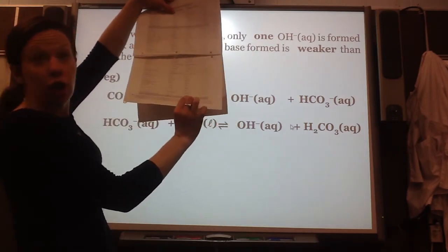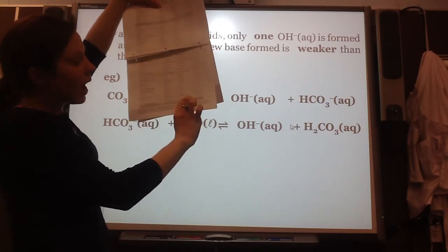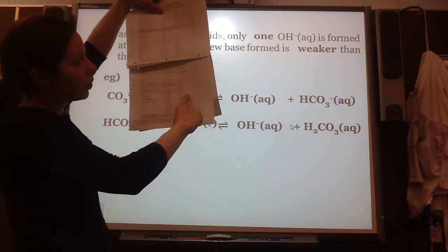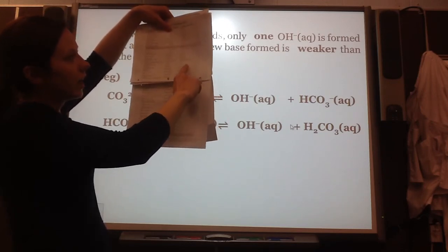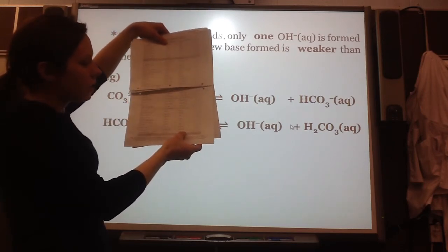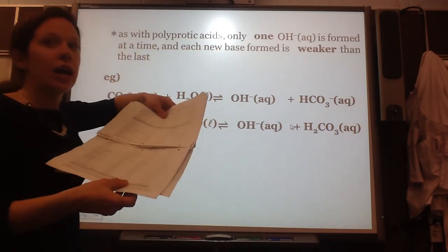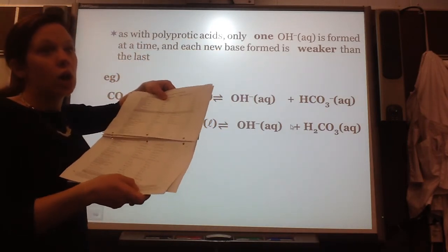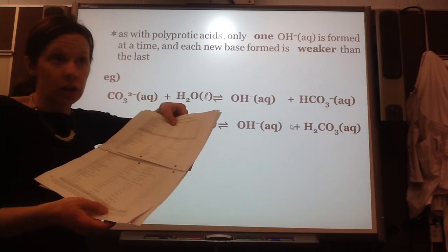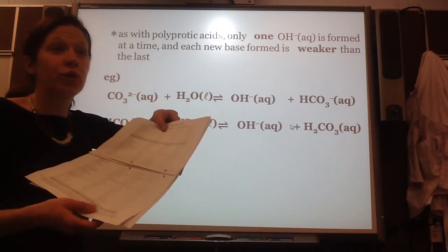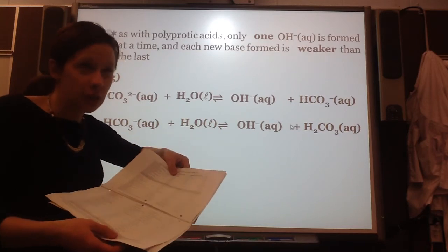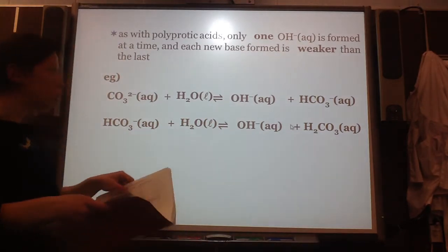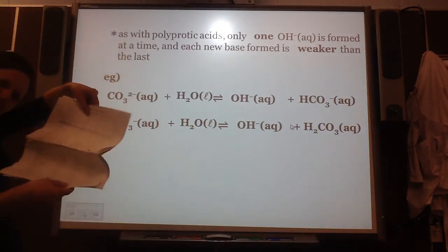Down here is the strongest base. Now, as you go up this column, it goes to weaker bases. Okay? Now, whether or not it goes one way or the other, we do that in Chem 30. So you don't have to be able to determine which way it goes until Chem 30. Okay? So just start to look at those patterns in here.